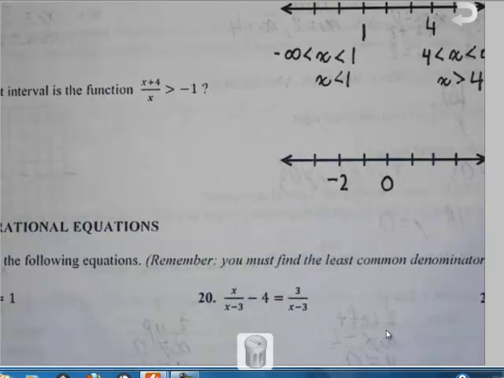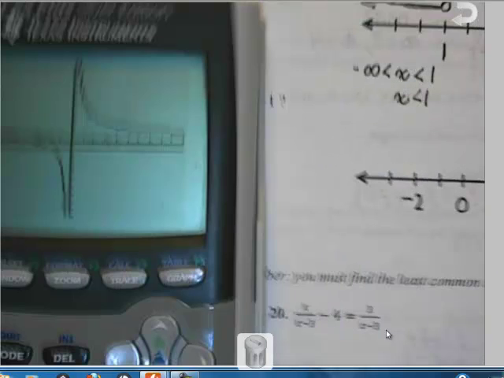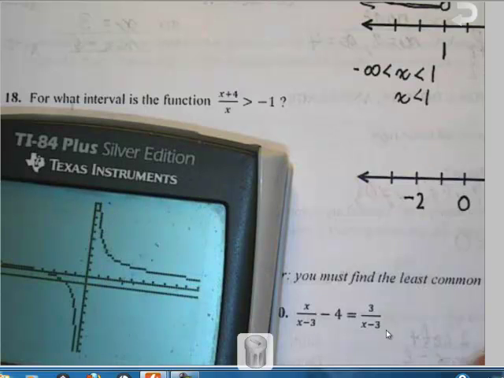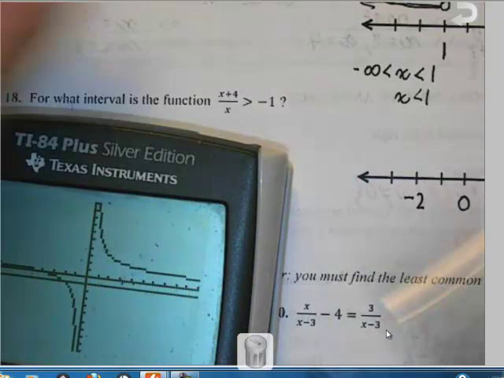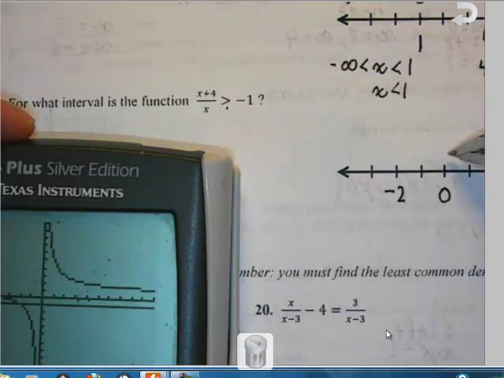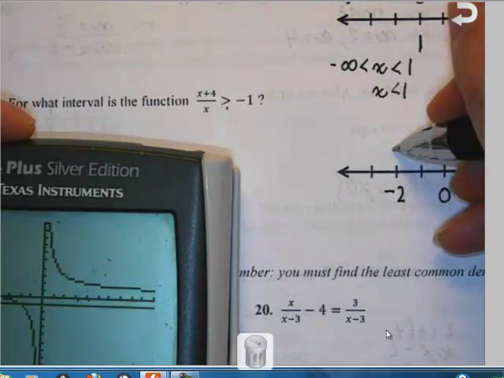Now, we go back to the graph, and we find that everything to the right of the asymptote is above the line, which is what we're looking for. Once again, these are exclusive inequalities, so both of the dots should be open.